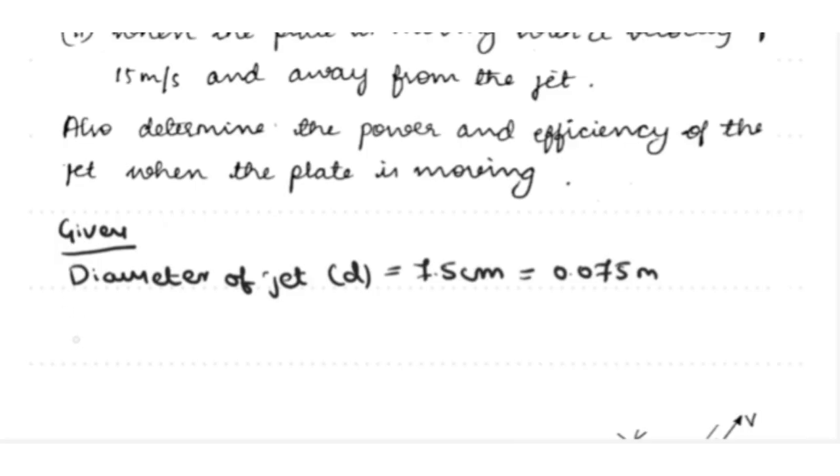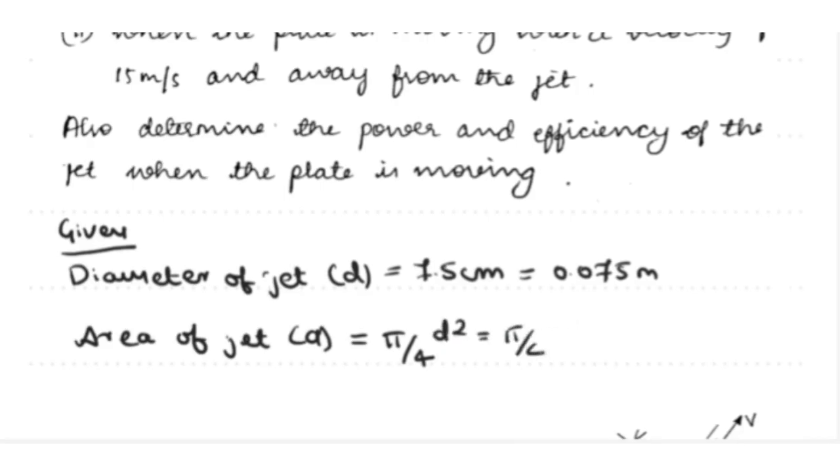So you can calculate area by using the diameter. Area of jet A is equal to pi by 4 into d square, that is pi by 4 into 0.075 whole square. If you solve it, you get the answer 0.00417 meter square.